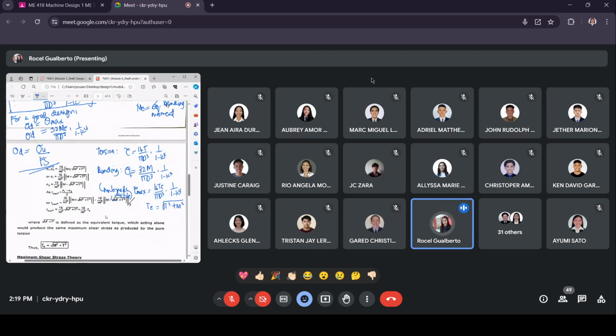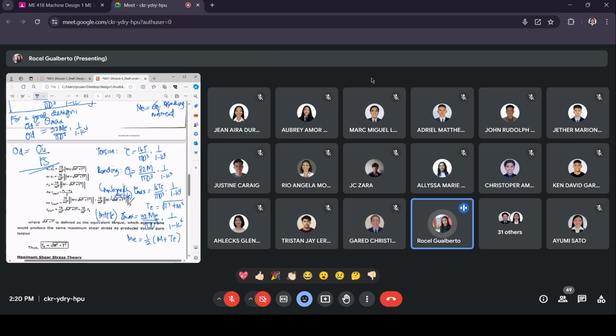If it is brittle, use the maximum normal stress theory, sigma max, which is 32 ME over pi d cubed times 1 over 1 minus k to the fourth, where your ME is equal to 1 half of m plus t. So that would be the value of ME.